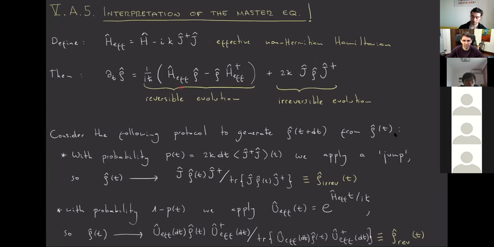Okay? So now you understand, and this is the point of all this proof: I just want you to understand that the master equation has a reversible part and an irreversible part. And the terms that we get with the master equation formalism, by tracing out the environment, have precisely this meaning of quantum jumps.